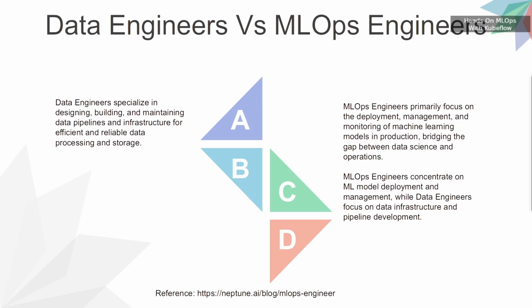Data engineers against MLOps engineers. Data engineers specialize in designing, building, and maintaining data pipelines and infrastructures for efficient and reliable data processing and storage. On the other hand, MLOps engineers primarily focus on the deployment, management, and monitoring of machine learning models in production.